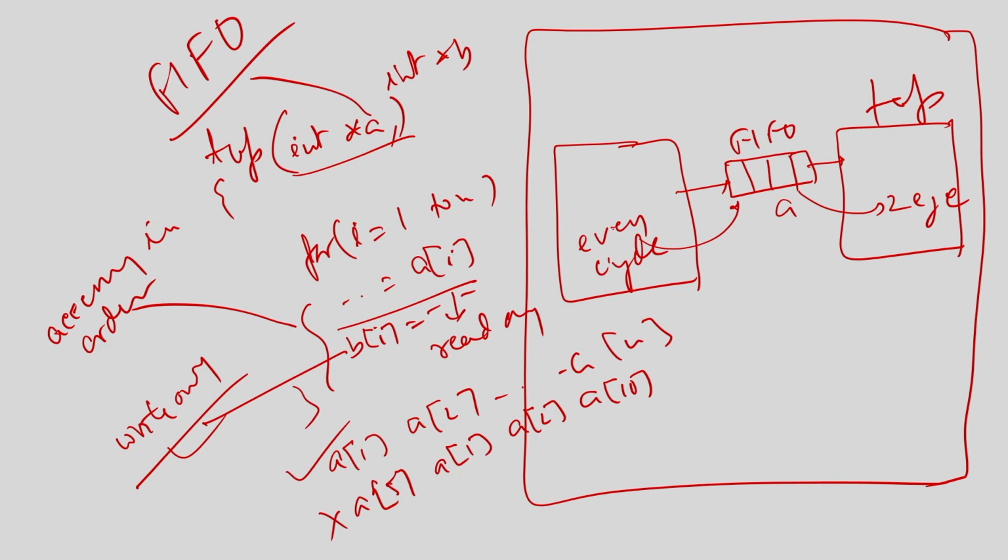How do they synchronize effectively? By the blocking read property of the FIFO. If the FIFO is empty, that means there is no data, so this process has to wait until some data comes. That is how the synchronization happens. Similarly, if the FIFO is full, the producer process has to wait until some data is consumed by the consumer process.